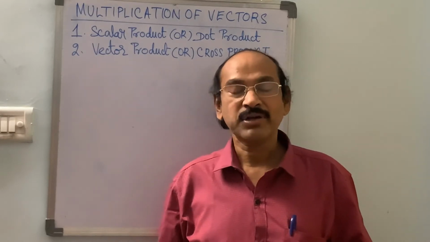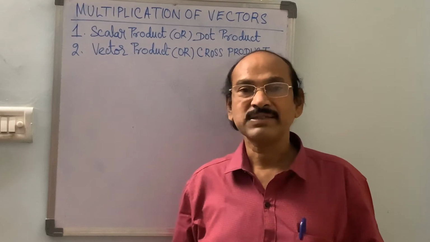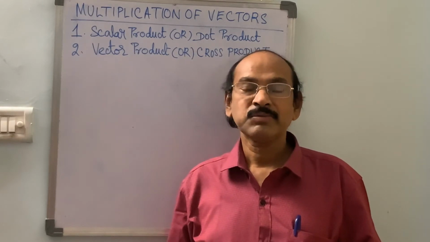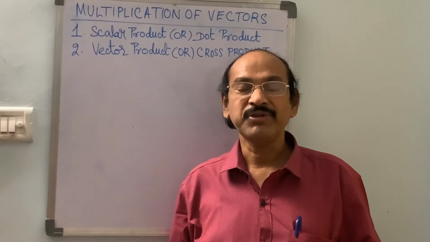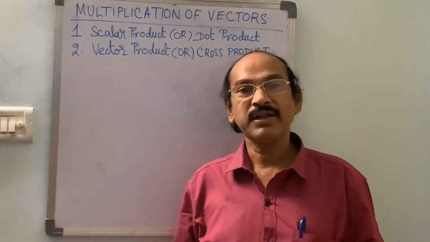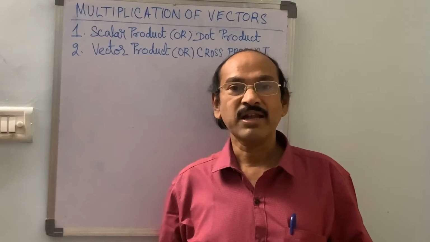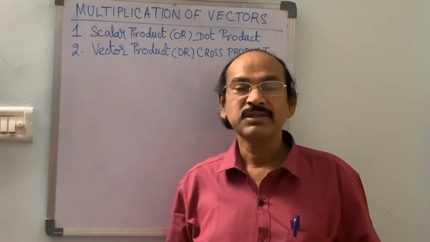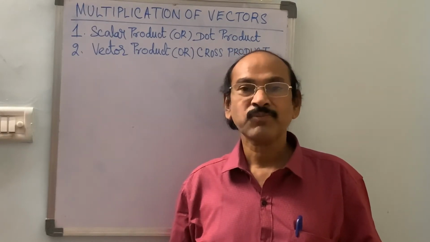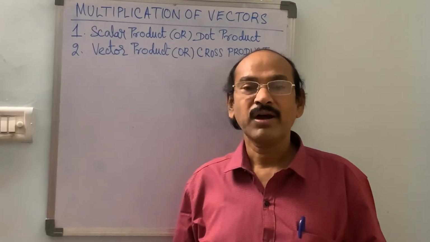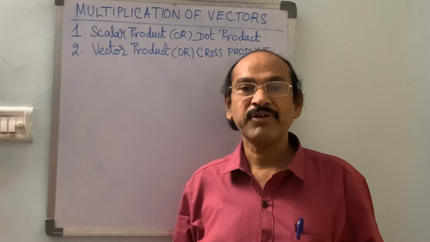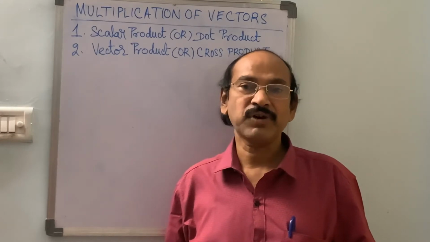The scalar product of two vectors is defined as the product of their magnitudes and the cosine of the angle between them, or it may be defined in another way also. The scalar product of two vectors is defined as the product of the magnitude of the first vector and the magnitude of the second vector in the direction of the first one.